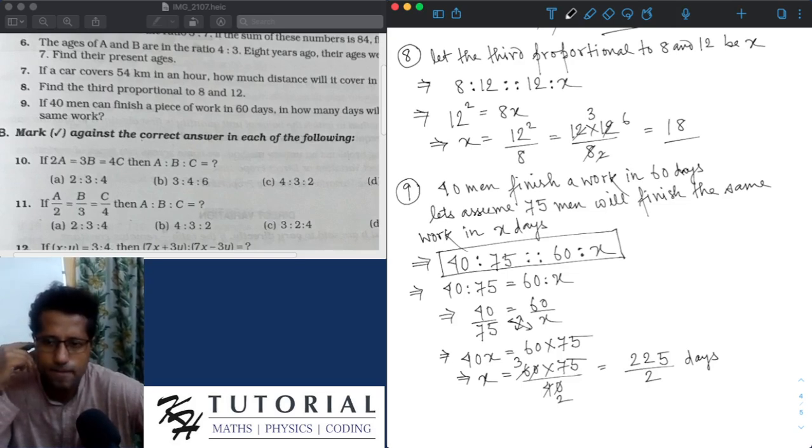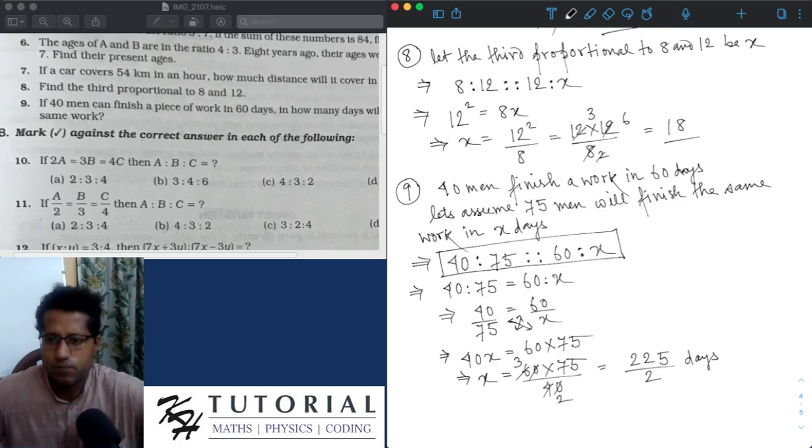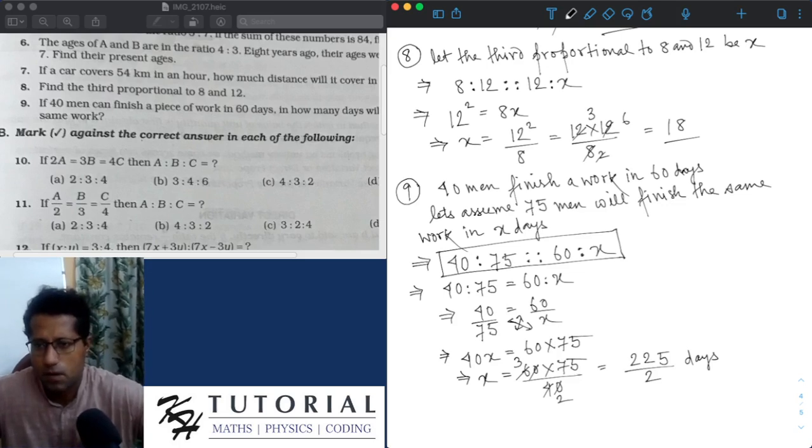So the proportion will be something else. I think the concept is that 40 men do a work in 60 days.